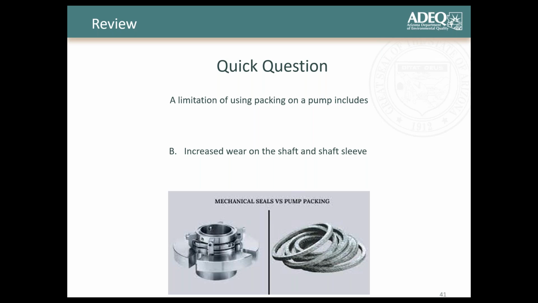There's usually some type of lubricant, usually seal water, being pushed into that seal that keeps things running cool and smoothly. Now, there's packing included in there that is a wearable piece that needs to get replaced every so often.